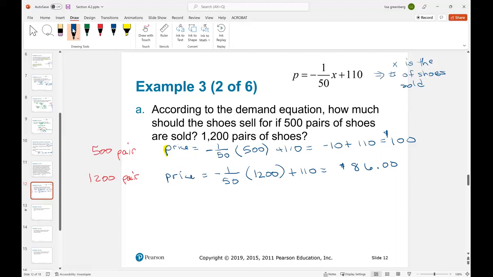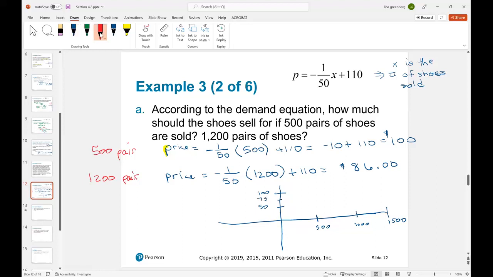And we can see that if we plot these 2 points, let's see. So let's say this is 500, this is 1,000, and that's 1,500. And let's call this 100, and make this 50, and let's make that 75.